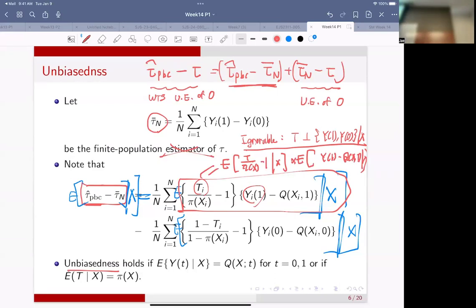So the expectation of the product can be factorized into the product of expectations.